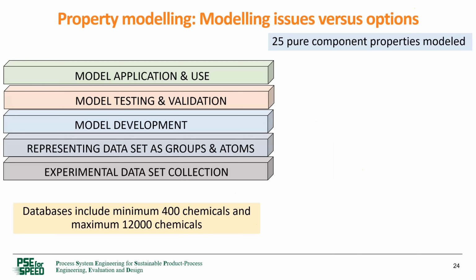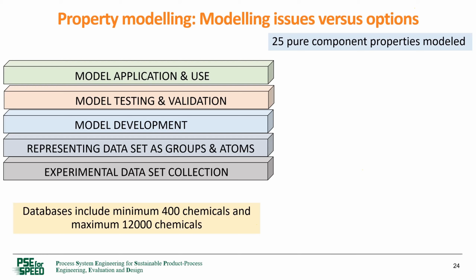So one good criterion, at least for our modeling, is that in our latest paper submitted to the AIChE Journal, we have modeled 25 different properties, and the selection criterion was that for any property, we should have at least 400 data points, meaning 400 chemicals. So our minimum was 440 and maximum was 1200 chemicals, ranging from not very small to very large.